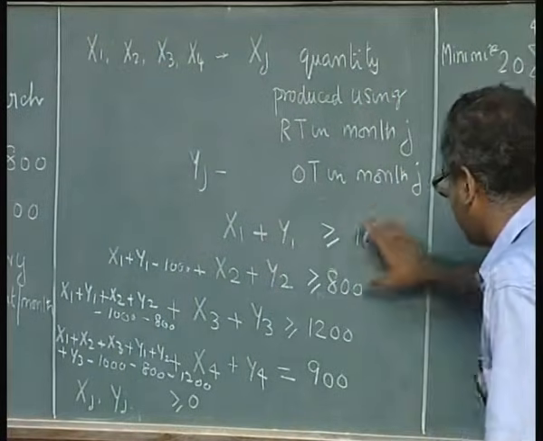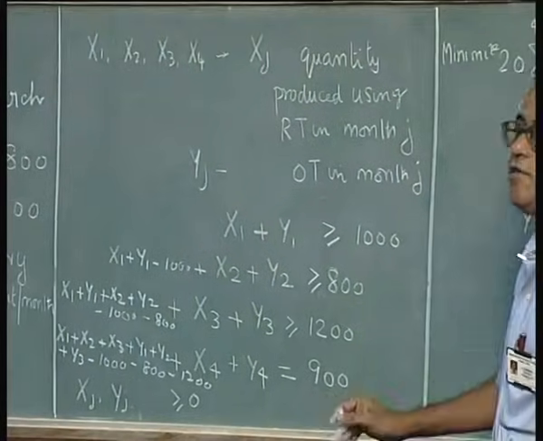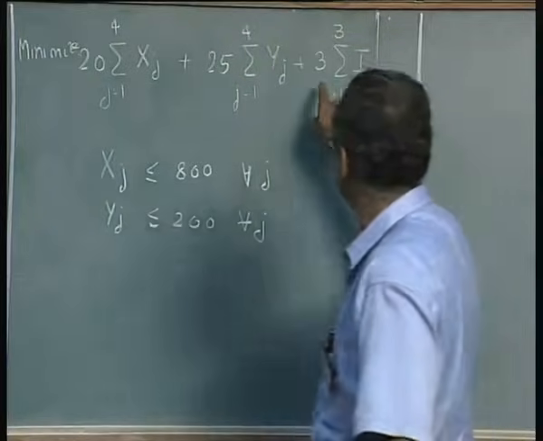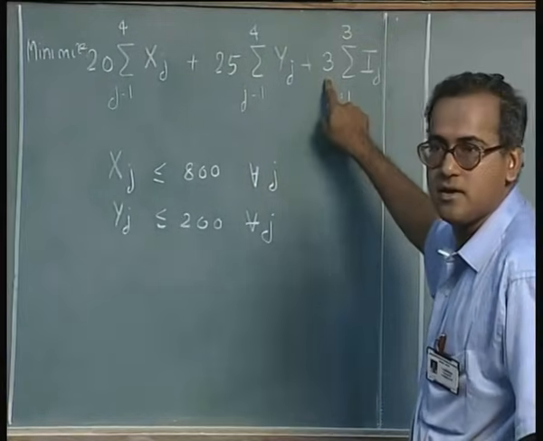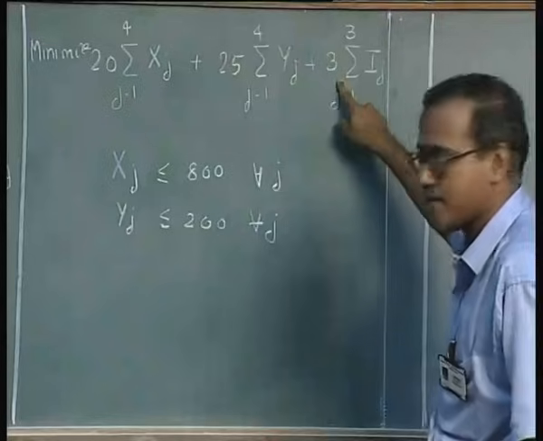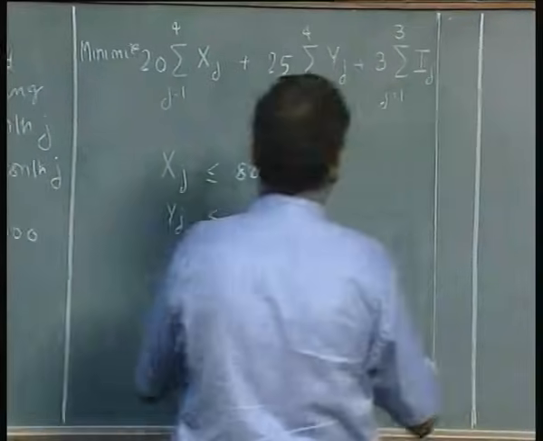Now we have the same number of constraints here, we have fewer variables, we have to rewrite the objective function also here. This objective function now has these Ij's, so we have to write this Ij very carefully.